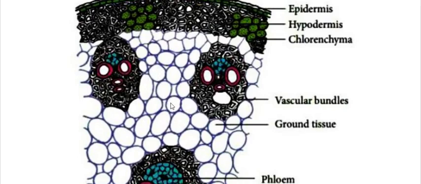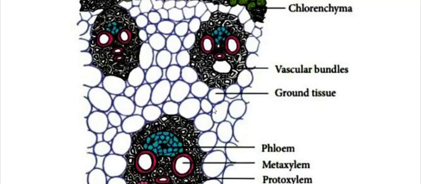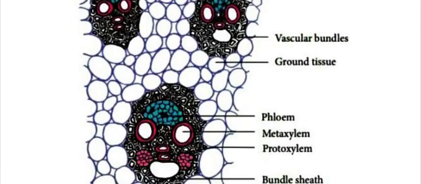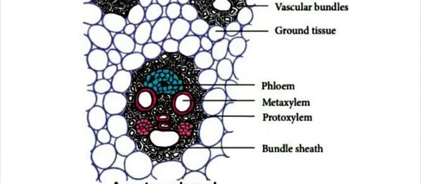We can see here the parenchyma cells with intercellular spaces in between them, and vascular bundles of the outer region, small in size and more in number, and the vascular bundles of the central region, which are large in size, but the number of vascular bundles is less in the central region of the ground tissue.